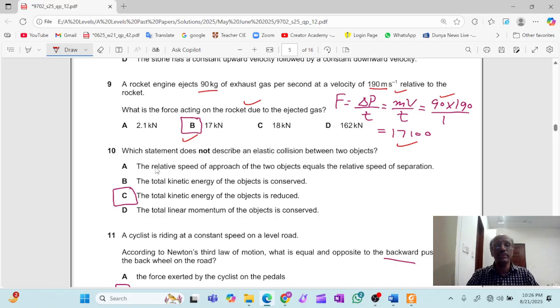Question number 10. Which statement does not describe an inelastic collision? So for an inelastic collision between the two objects, the relative speed of approach, this is an incorrect option. Total kinetic energy will be conserved. The total kinetic energy of the object is reduced. So this is the valid option. Does not describe an inelastic collision.